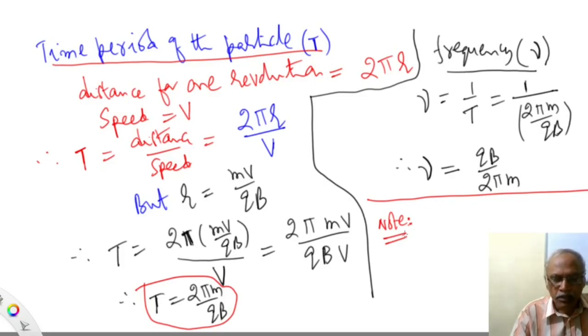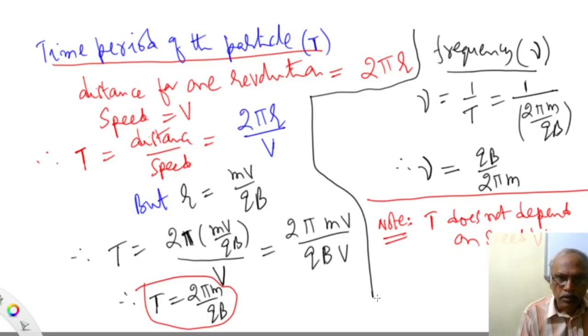If you project the particle with different speeds, whatever the speed it is projected into the magnetic field, it takes the same time to complete the path. So note: time period does not depend on the speed of the particle.